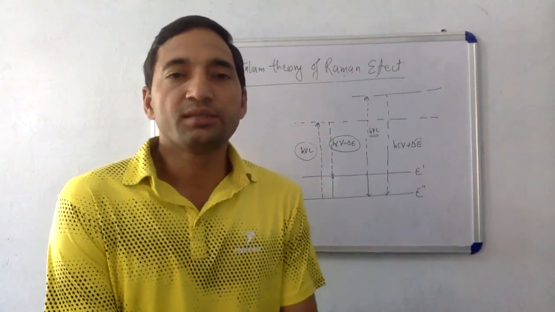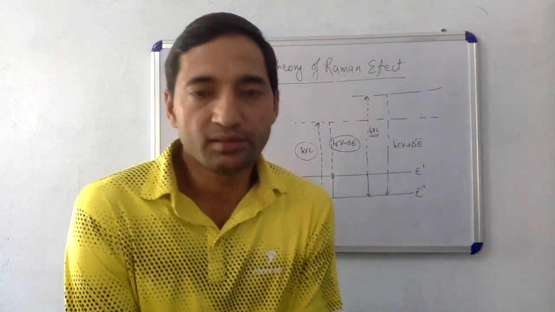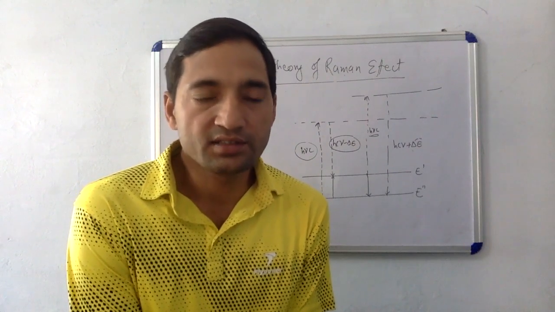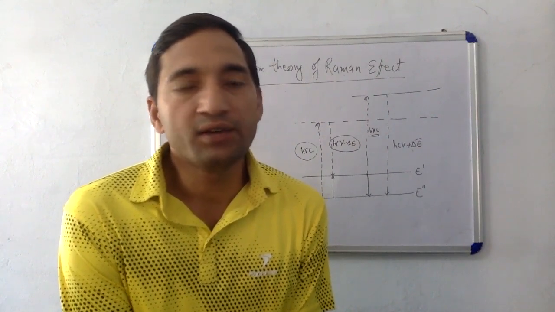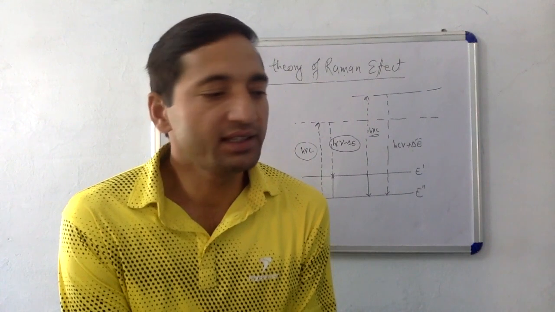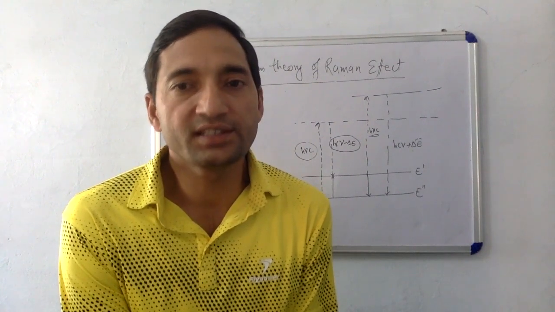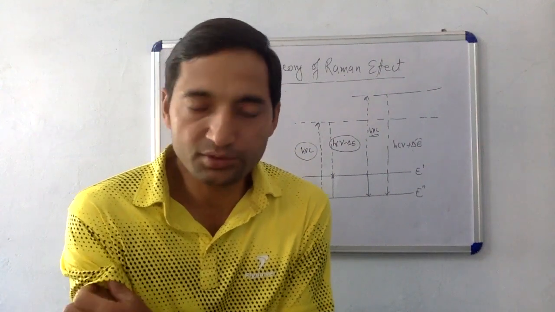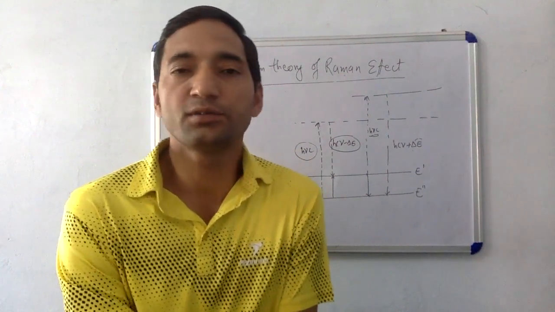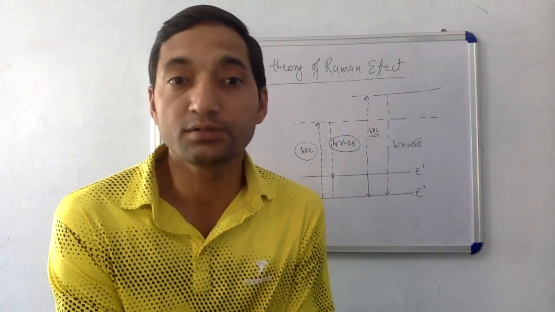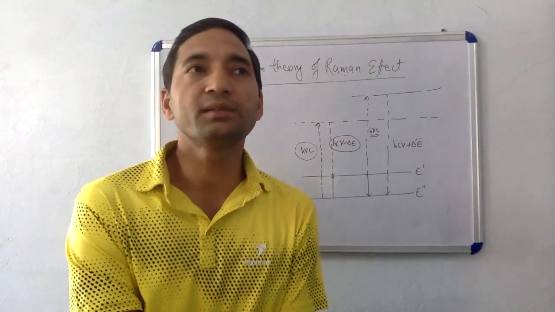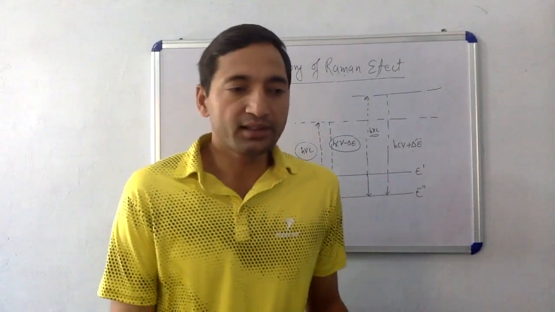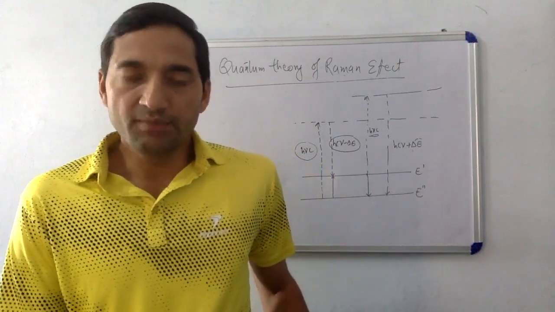We will see how these selection rules change for symmetric molecules, that is, linear molecules. In the case of linear diatomic molecules, the selection rule for the rotation is delta J equal to 0 or delta J equal to plus or minus 2. On the other hand, for a symmetric top, you may have delta J equal to plus or minus 1. This depends on the symmetry, because all over the Raman effect we are dealing with the polarizability ellipse of the molecule.